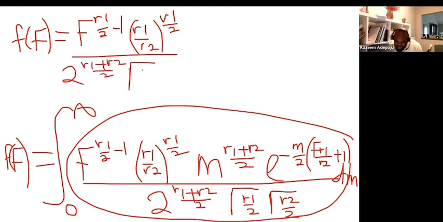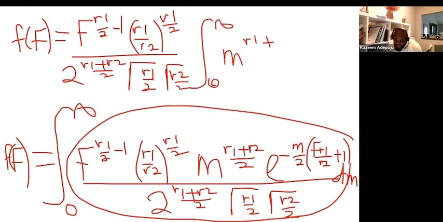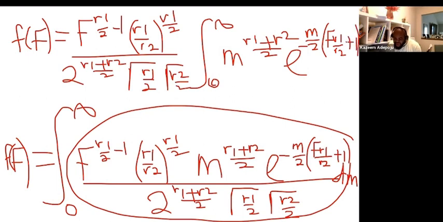Gamma r1 over 2, gamma r2 over 2, they're going to come out. Then I'm left with m raised to power r1 plus r2 over 2, exponential raised to power minus m over 2 f of r1 r2 over 2 plus 1, dm.